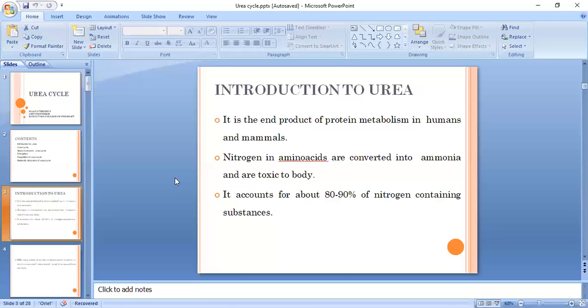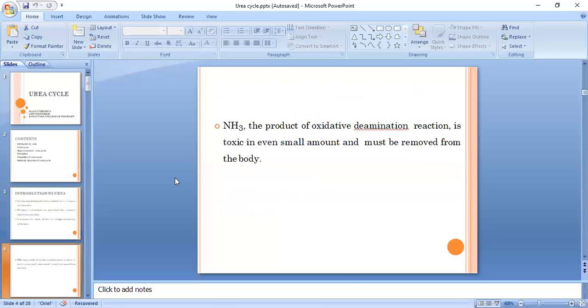It will be eliminated, and urea accounts for about 80 to 90% of the nitrogen containing substances. That ammonia is mainly obtained as a product of the oxidative deamination reaction, and even small quantities present in the body also have to be excreted.